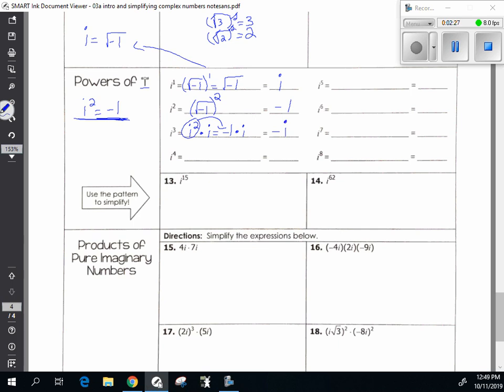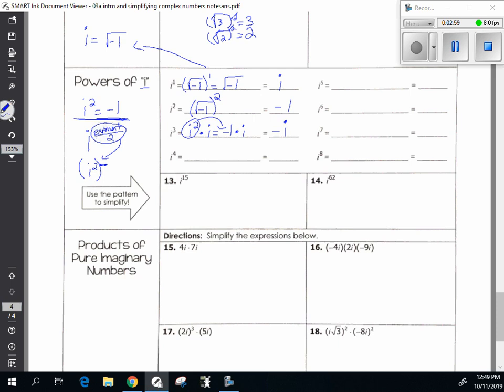Okay? i to the 4th. Okay, I'm going to show you a little trick. So you have to figure out how many i squareds I can make out of i to the 4th. So what you do is you have i to some exponent. You divide that exponent by 2, and that's going to tell you how many i squareds are in my problem.